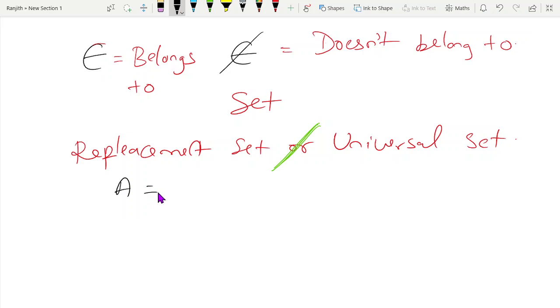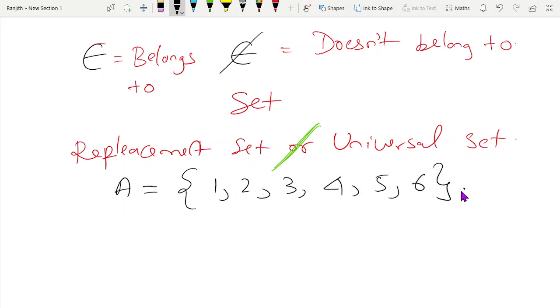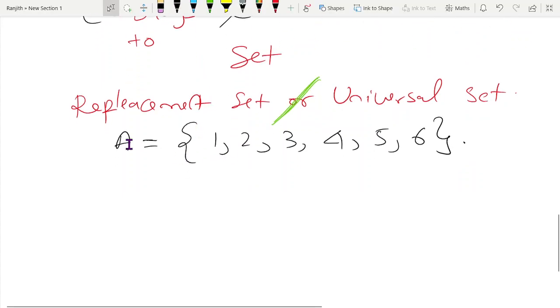For example, let me name the set as A, and it consists of numbers 1, 2, 3, 4, 5, 6. The universal set is the parental set, which has all the numbers. We call it the main set, the universal set.